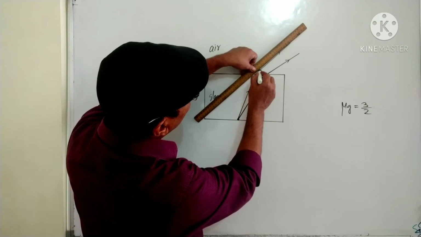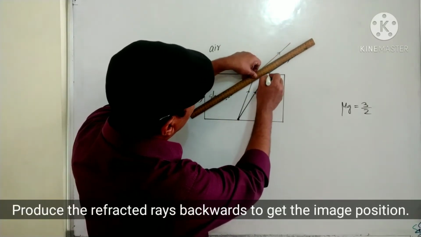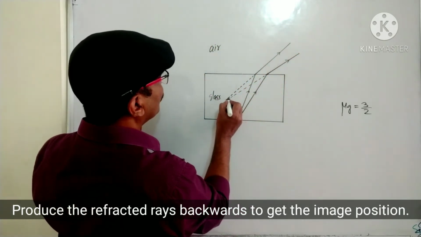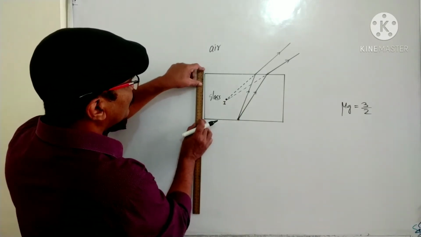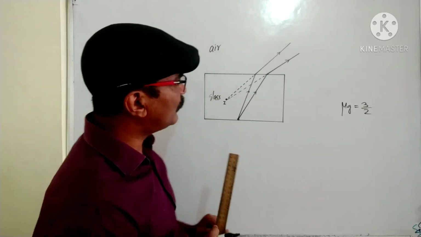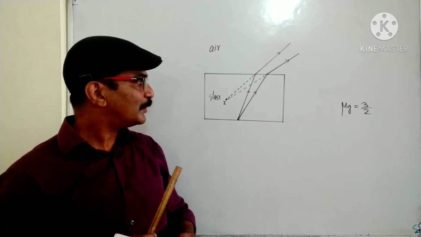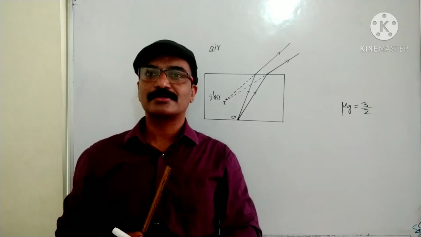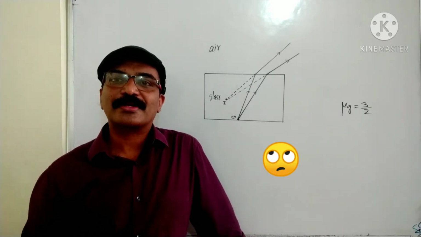Okay, let me produce them. This is I, and the real depth is this one. Okay, apparent depth is this, that is almost 2/3 of the real depth, and you have shown this is object. You think everything is correct, and your examiner again deducts 1 mark.